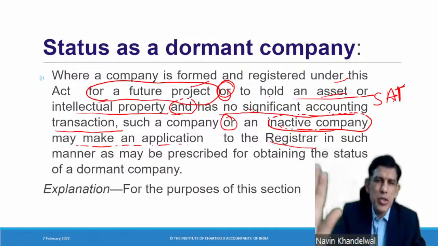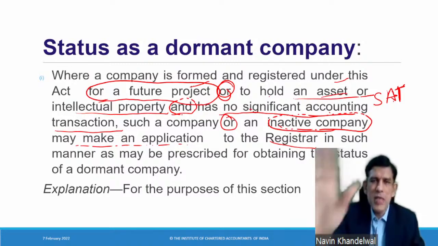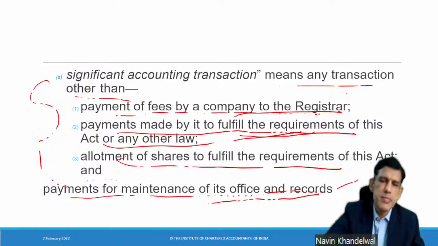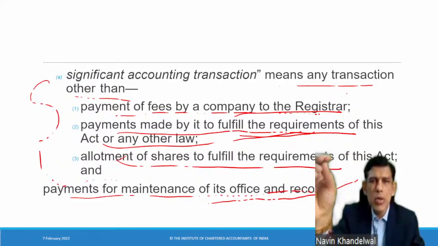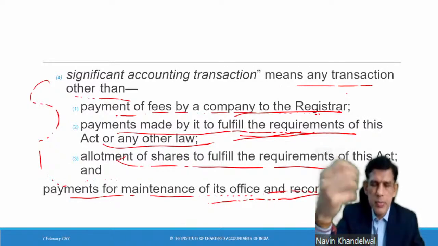So dormant means you're just sleeping for the time being. I hope the concept of dormant company is clear. Which companies will be classified as dormant company, and what is the reason? Why do they need to do that? Because of a future project or holding an IPR.